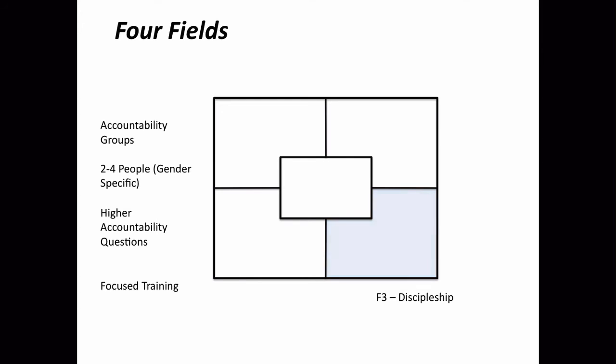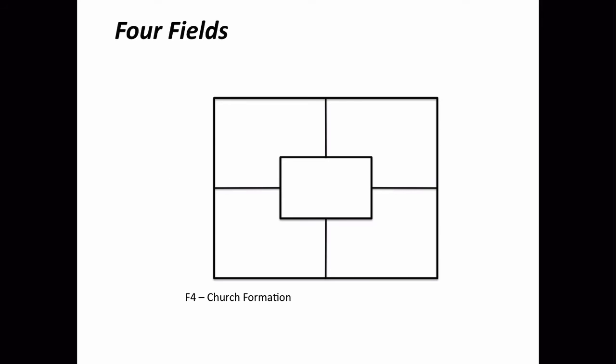And then we move on to church formation, group formation. Basically, we're trying to form a family. And so we want them to self-identify as a family or church. We help them grow towards maturity as a family, loving one another, encouraging one another, challenging one another.